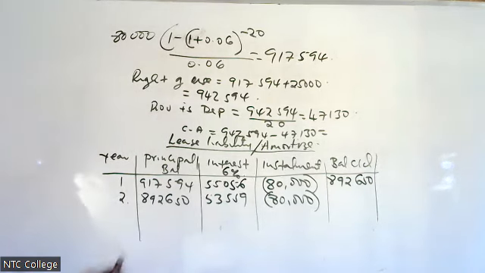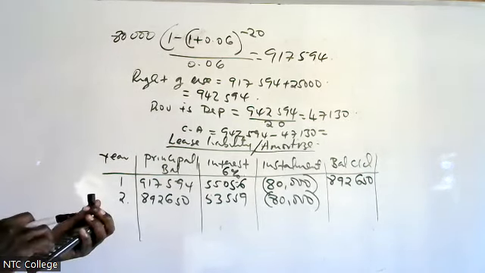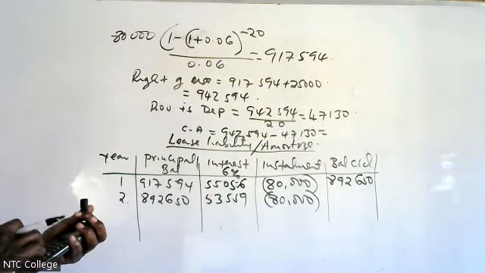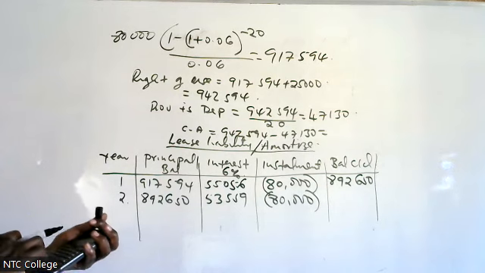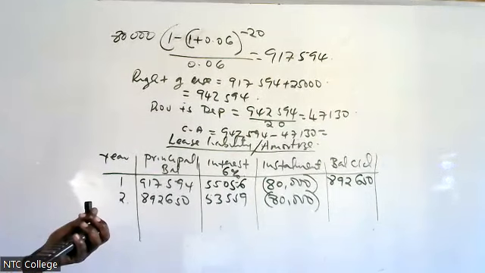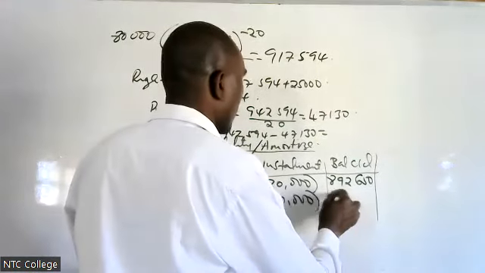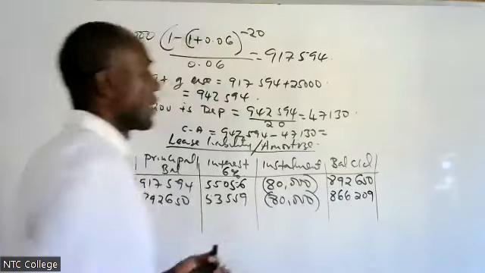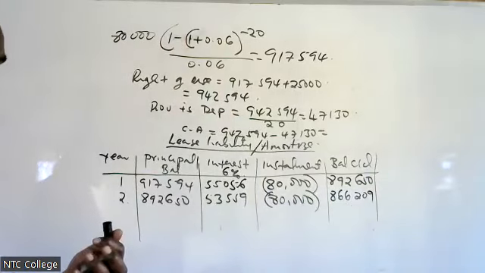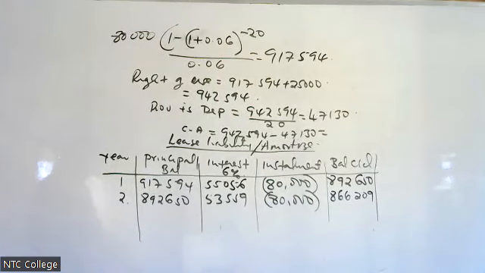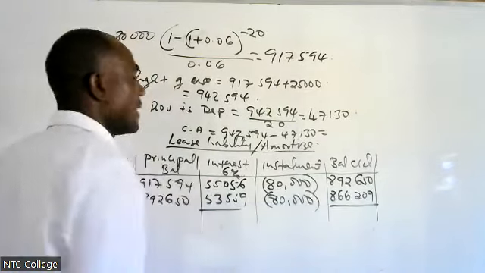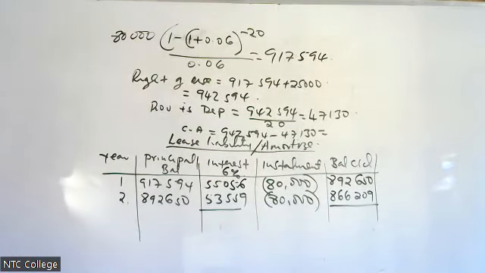Then when I add, I'm getting 866,209. Therefore, this is the finance cost, and this is the liability.